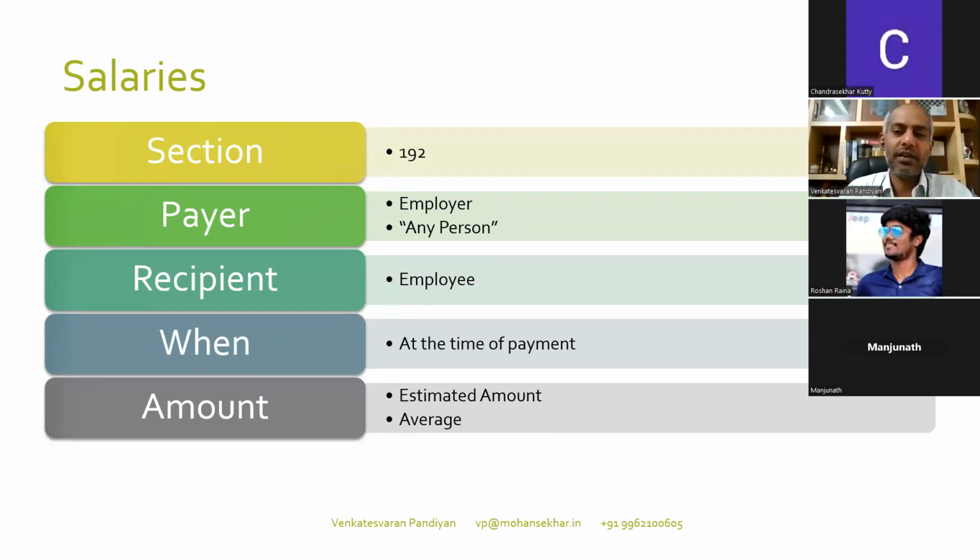Compute the total income, arrive at the tax, and divide the entire tax by the number of months available for deduction. If he's working for the entire year, it will be 12 months. If he's working for part of the year, it will be the number of months for which salary is payable, and that is where the word average comes in. This is as far as salaries are concerned. So last session we saw the basics and salaries.